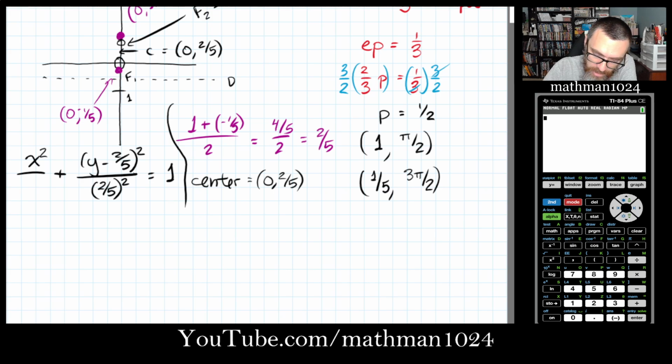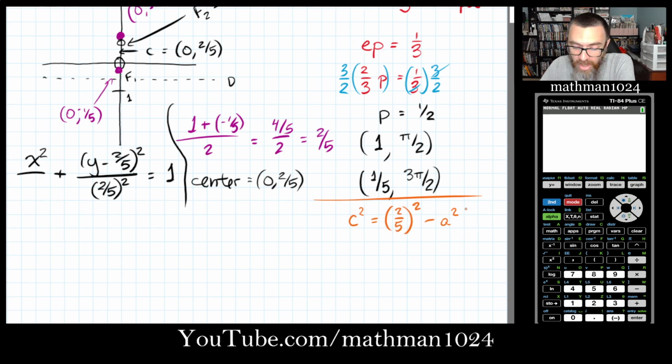So our c squared, in this case, is going to be the larger values. That's going to be 2/5 squared minus the a squared we need to find. And we know c, because that's going to be the distance from, oh, nope, I have that backwards. Oh dear, I gotta slow down here. I knew something didn't seem right.